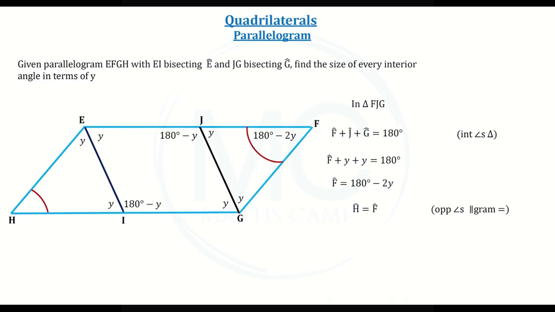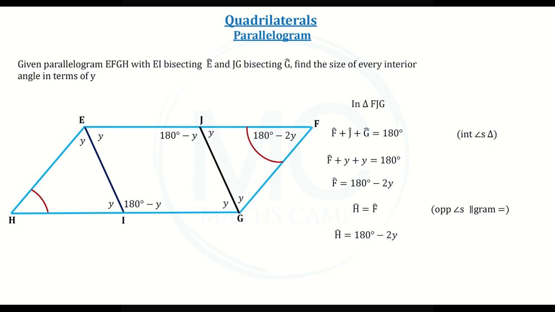Angle F is 180 degrees minus 2y, which means that angle H is also equal to 180 degrees minus 2y. And we've now found all the interior angles in this diagram.